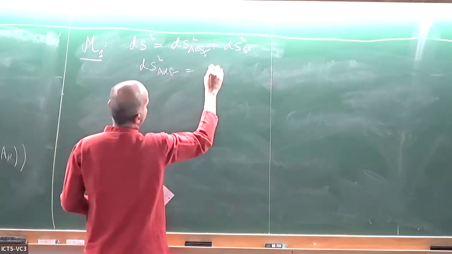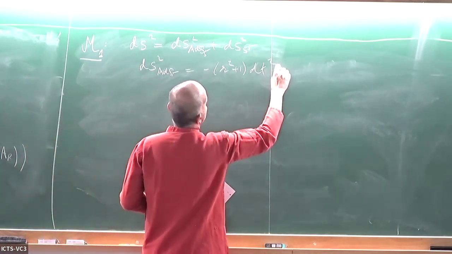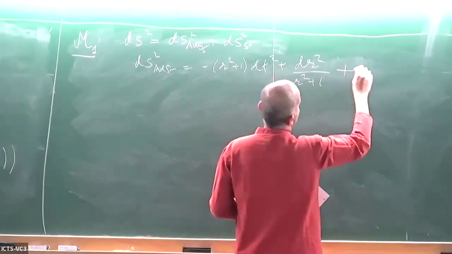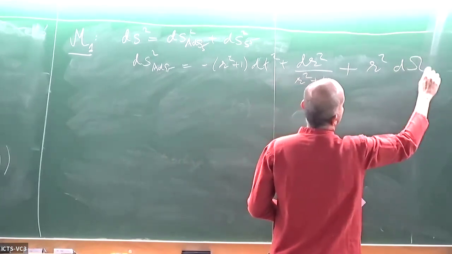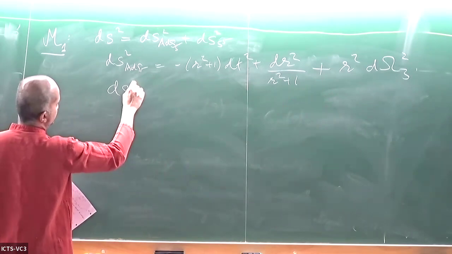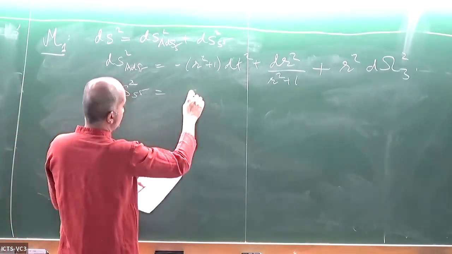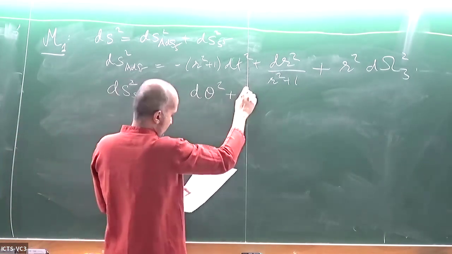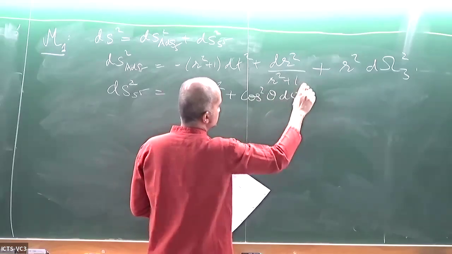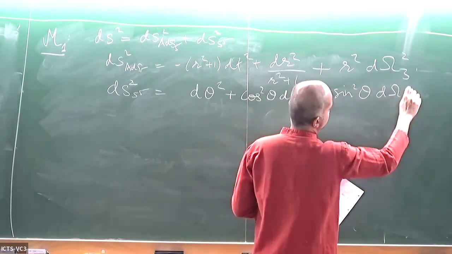With the AdS5 I write it like this, minus, okay, there's R, T, and a 3-sphere. And then S5 also I write like that. This is another 3-sphere. These two are not the same.